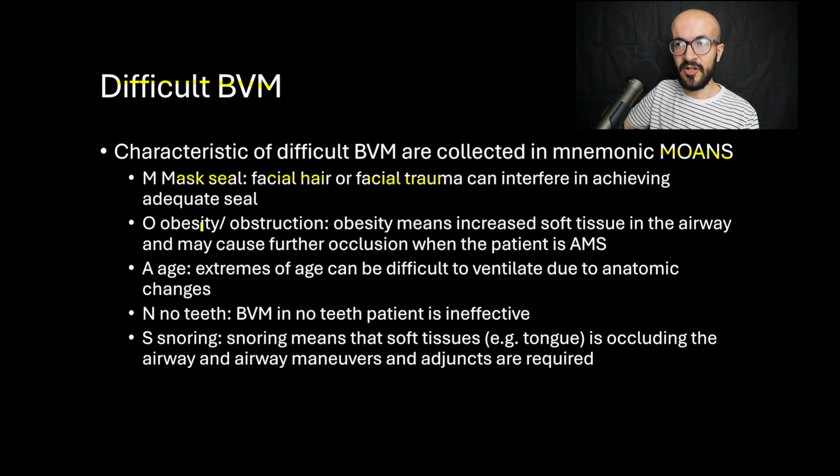The O stands for obesity, obstruction. Obesity means there is increased soft tissue in the airway and it may cause further occlusion when the patient is in altered mental status.